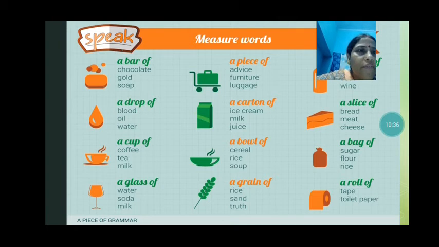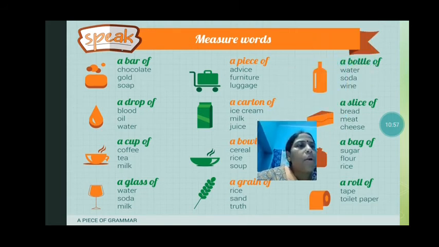Then a piece of advice, a piece of furniture, a piece of luggage, a carton of ice cream, a carton of milk, a carton of juice, a bowl of cereal, a bowl of rice, a bowl of soup, a grain of rice, a grain of sand, a grain of truth, a bottle of water, a bottle of soda, a bottle of wine. So you have to learn this, children.